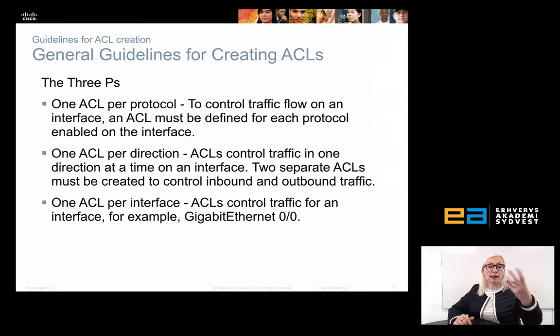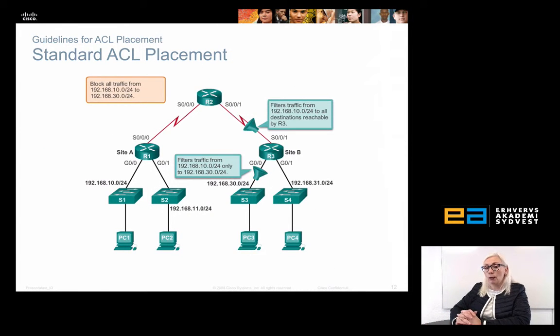So we can have 1 ACL working for inbound traffic and another one for outbound, for instance, but only one in one direction. When we look at the standard ACLs, since we can only filter on the source IP address, then we have to set the filter closest to the destination.